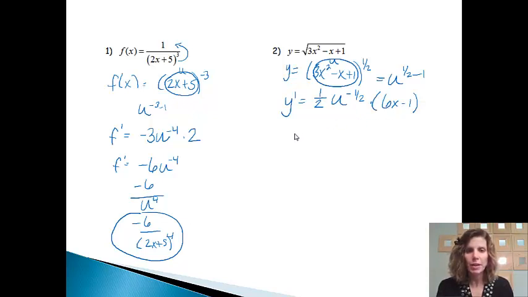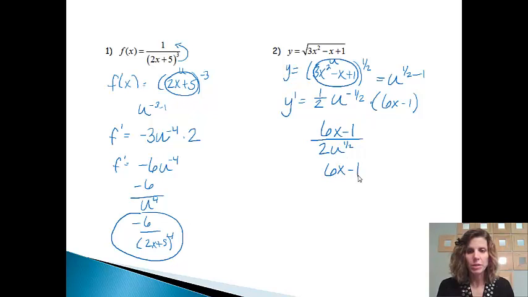All right, simplifying this a little bit, I notice that the u to the negative 1/2 needs to be moved down to the bottom. Notice up top I have a 1 and a 6x minus 1, which would just be 6x minus 1. And then over, the 2 is on the bottom, so it's going to stay on the bottom. And then u to the negative 1/2 would change to u to the positive 1/2. And I'm going to even go a step farther on that one.